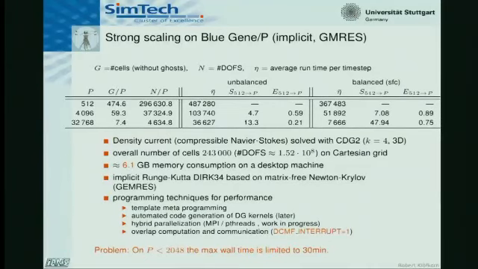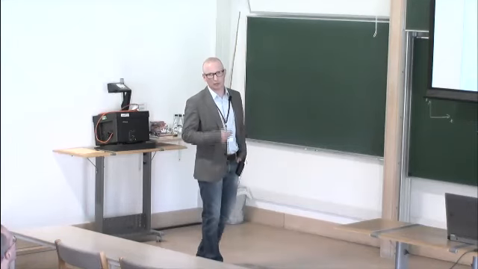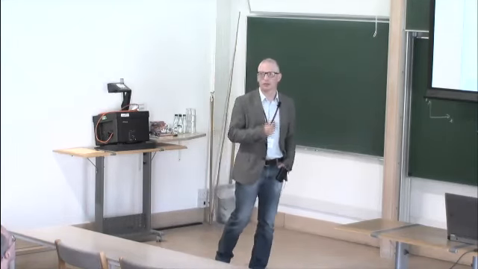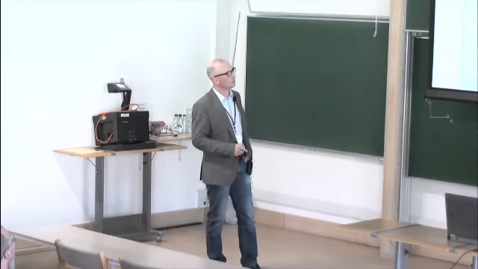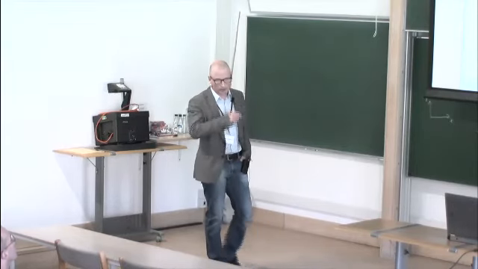If I use a space filling curve-based approach where I have almost equal balance on each process, I can scale very well, with an efficiency of 75% up to 32,000 cores for the implicit ODE method. And this is, again, strong scaling.